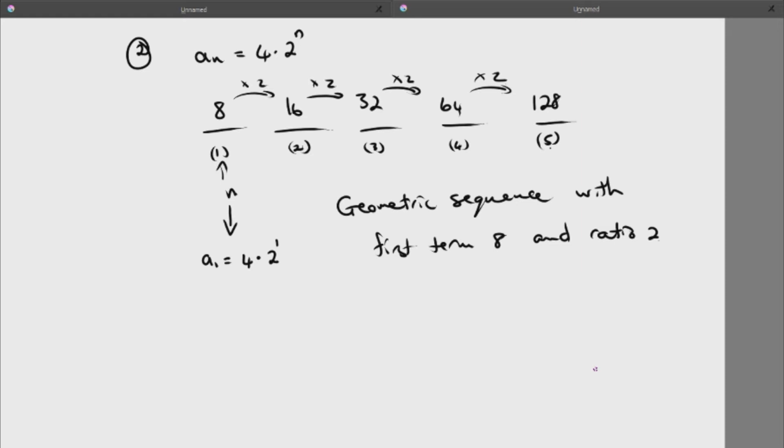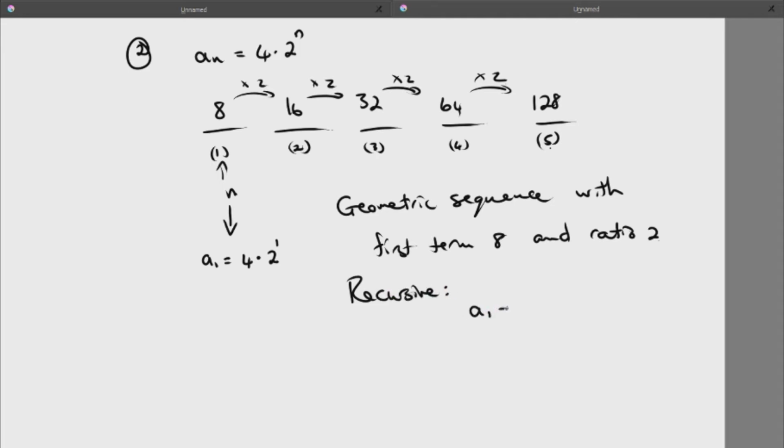Then the question asks, if it is a geometric sequence, find the other kind of formula. The given formula at the top there is what type of formula? Explicit. So I need to state the recursive formula for this sequence.